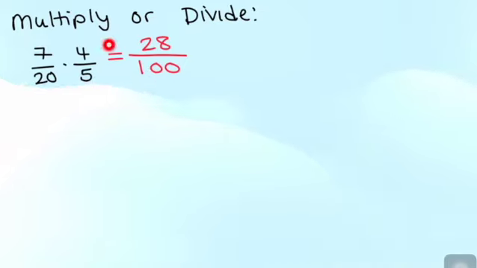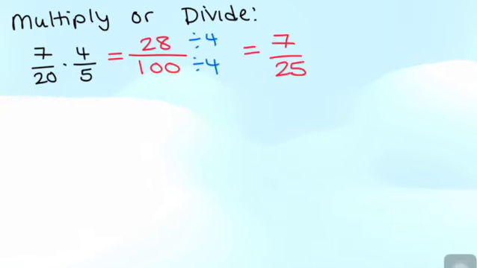So I just multiply straight across, numerator times numerator, denominator times denominator. And then I do have to reduce. I notice that both 28 and 100 are divisible by 4, and that gives me 7/25.